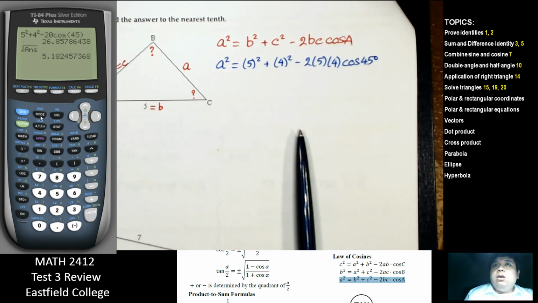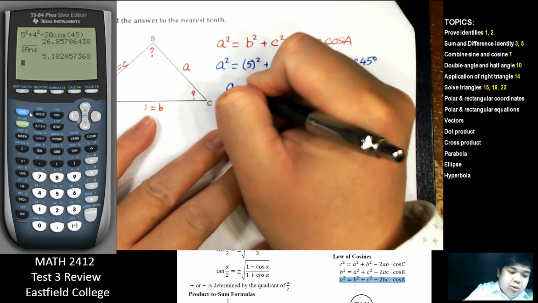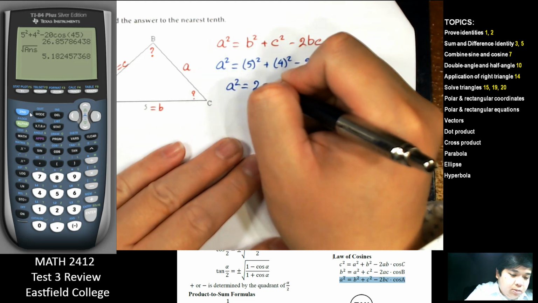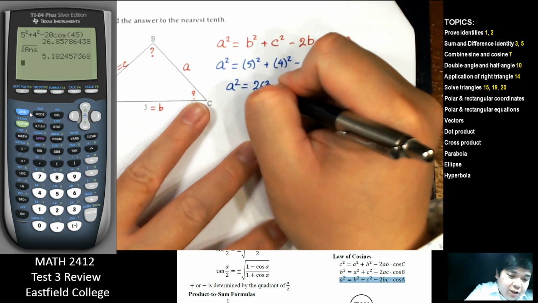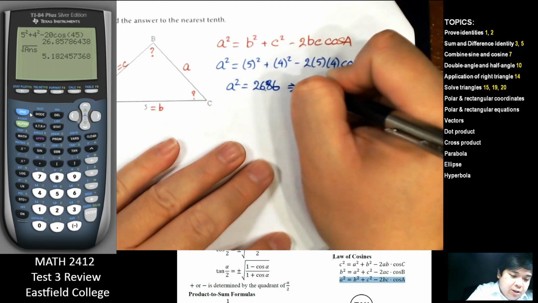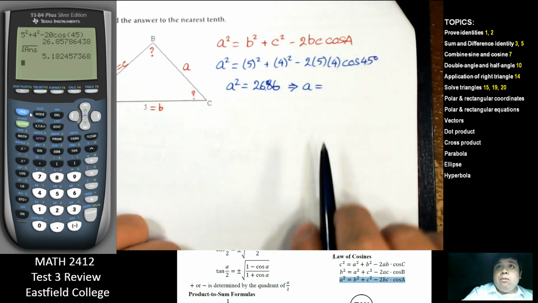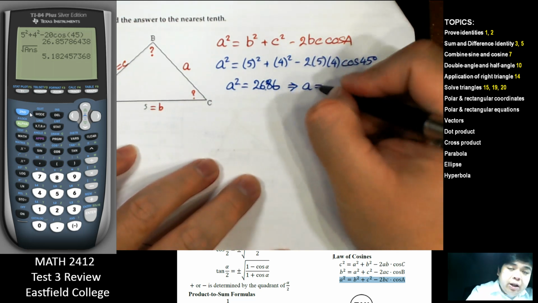Right. Let me write that out. A squared, oh sorry, 26.86. And 5.18.